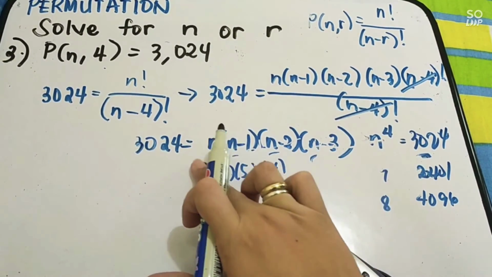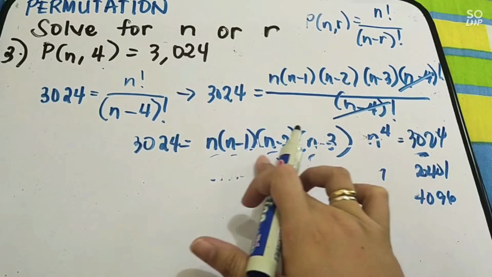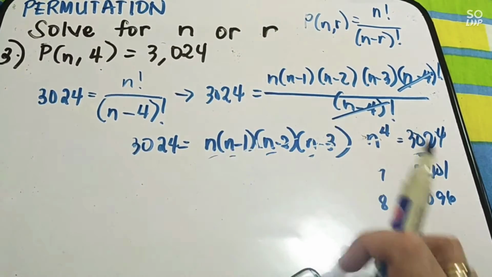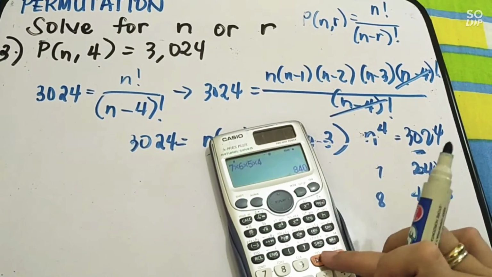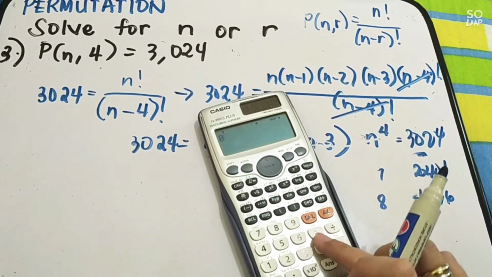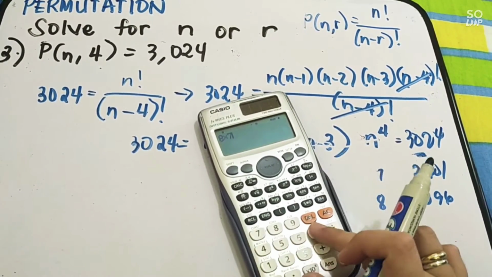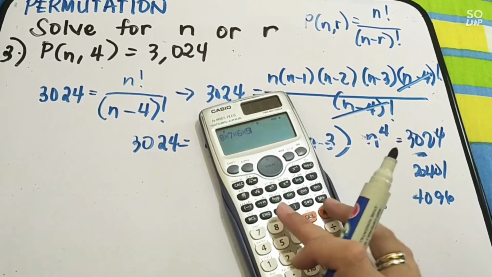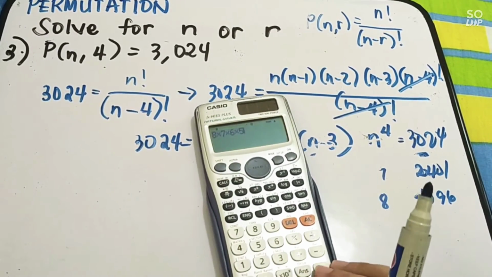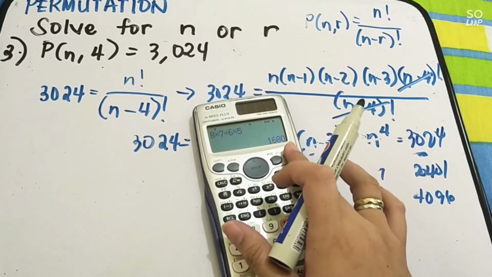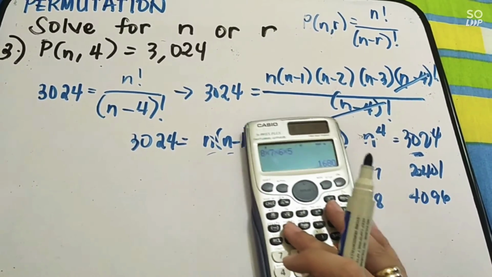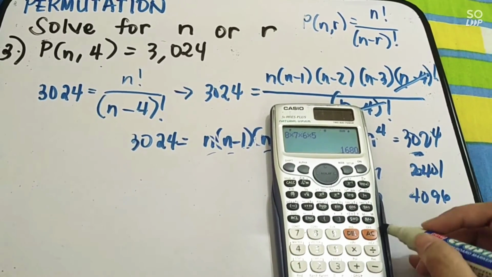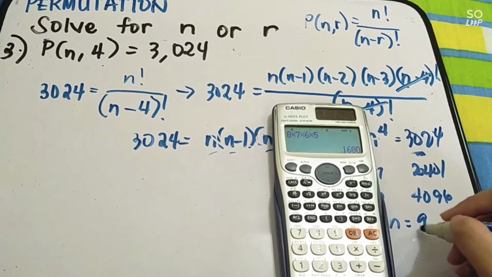Is it clear? So, let's go to 8. 8 times 7 times 6 times 5. Four objects. 1,680. So, 8 is still not possible. Let's go to 9. What if we use 9 as your n?